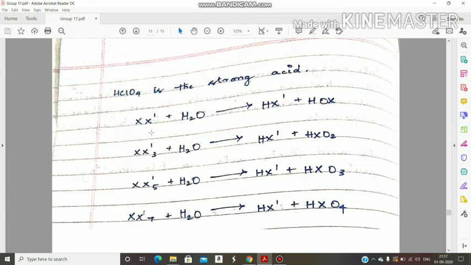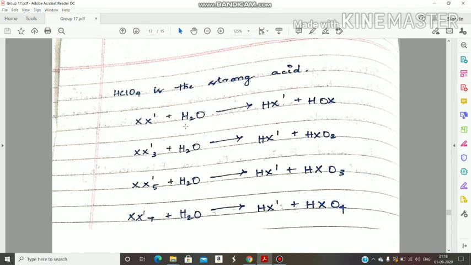When XX' type interhalogen reacts with water, we get hypohalous acid. When this type reacts with water, we get halous acid. When this type reacts with water, we get halic acid. And when this type reacts with water, we get perhalic acid.